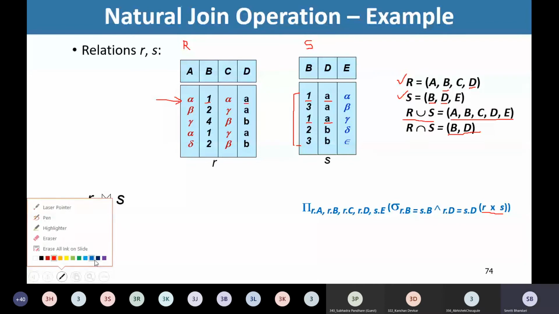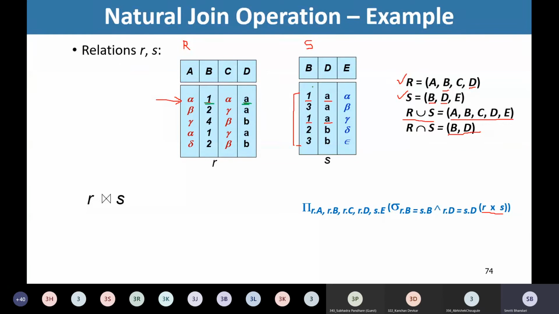Yes. See here. We are having this B and D common. B and D common. Okay. So, let us consider this first tuple, alpha 1, alpha A. Right? B and D are common.